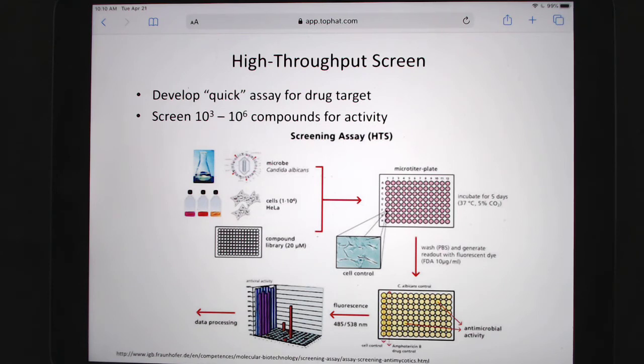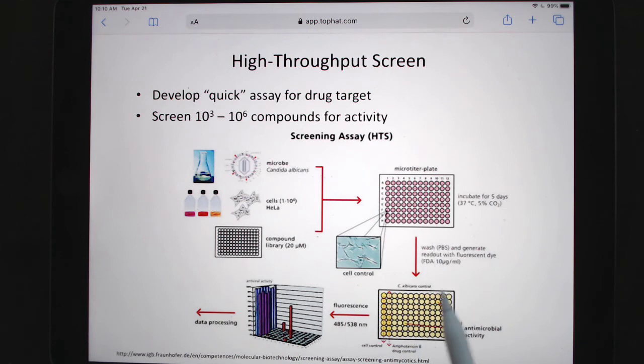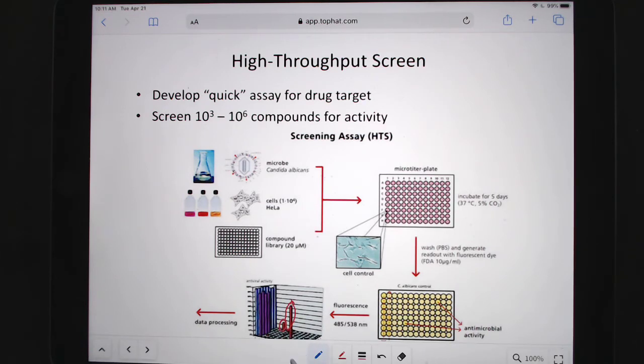Who knows what it does, or does it kill a receptor? Then you do some sort of readout, and you get the data. Using data processing, you'll notice that for this one, these two compounds may light up, but the rest of them don't, and these ones over here are just controls. It's just throwing things out there and seeing what sticks.